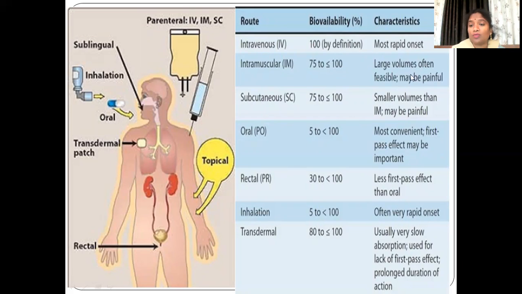Large volumes are often feasible, but it may be painful. The drug should reach the systemic circulation from the muscular tissues, so it has to cross them. Some amount of the drug is degraded within the tissues, so that's why only 75 to 100% of the drug is available.